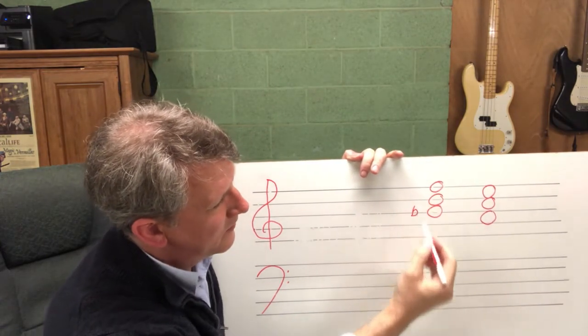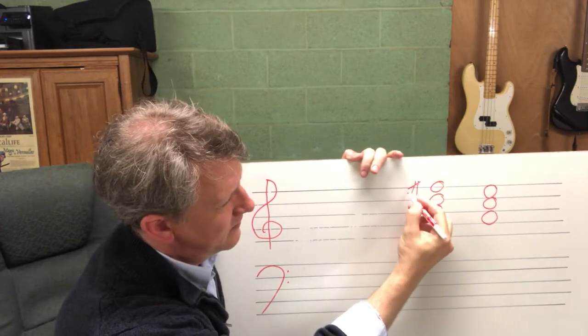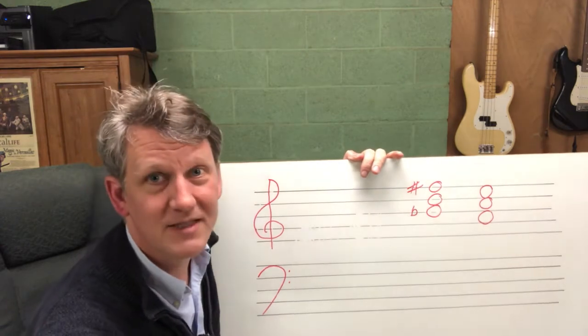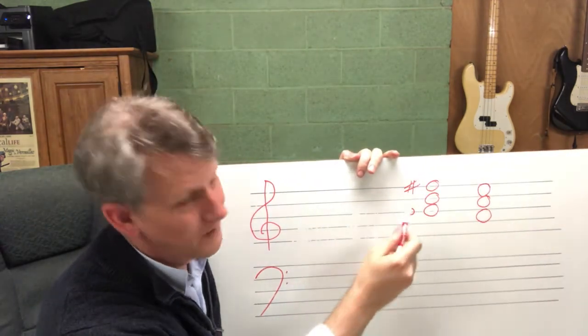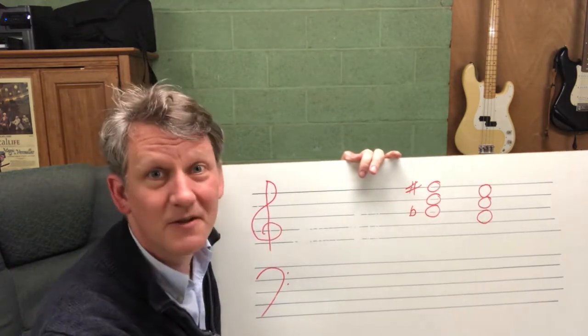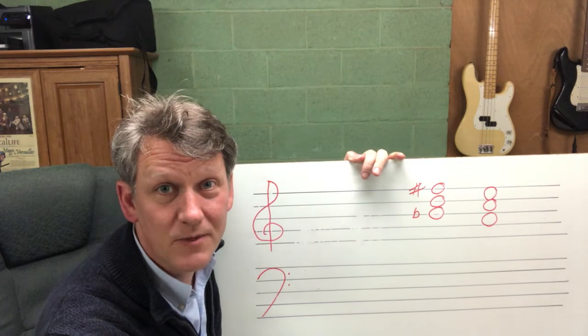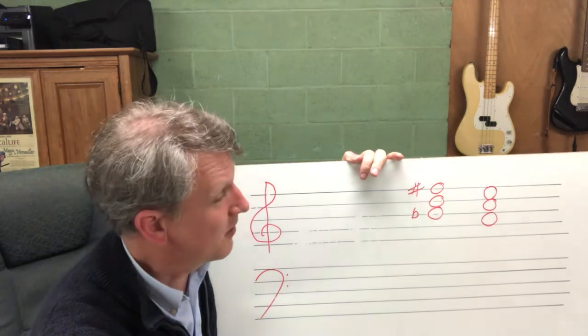And, ooh, this would be extremely funky. So now I've raised the fifth of that. Now what does that do? Now I have a major third and another major third. A stack of two major thirds, what is that? We have a name for that. Augmented, that's an augmented triad.